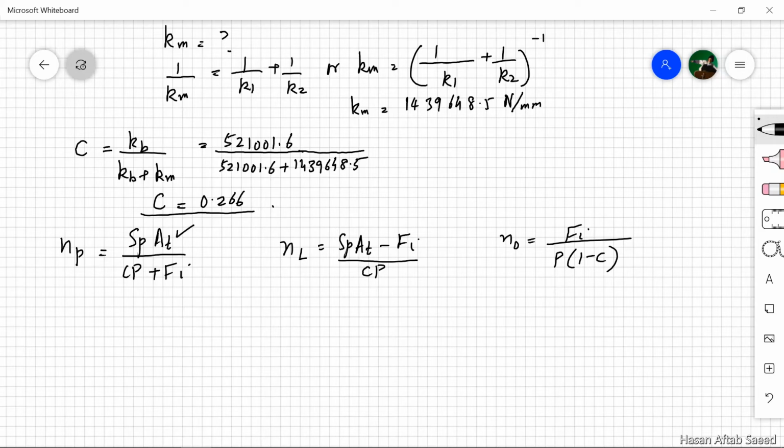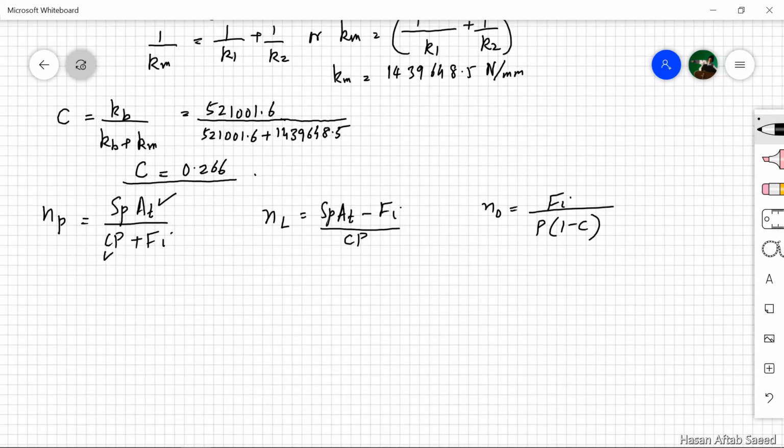So C is known. What about Fi? We don't know Fi. So Fi, we know that if we recall equation 831, it is 0.75 into Fp. This is equation 831.